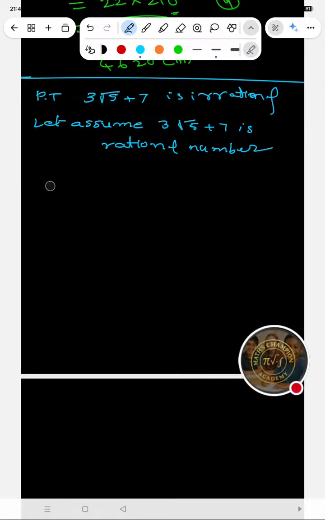In the first step you have to assume it is a rational number. So we can write 3 root 5 plus 7 equal to a by b, because we write a rational number in p by q form. So here do square on both sides.